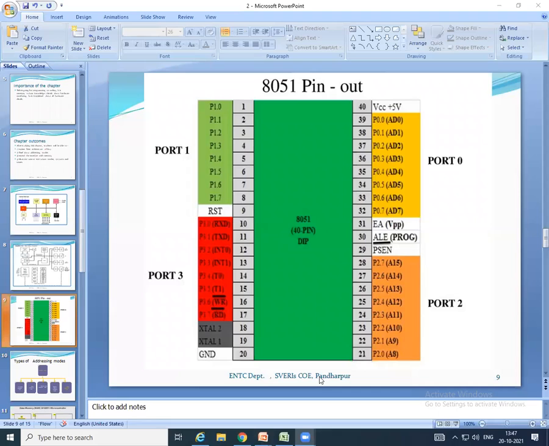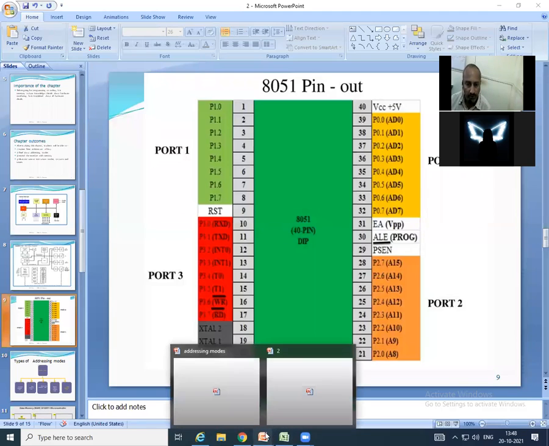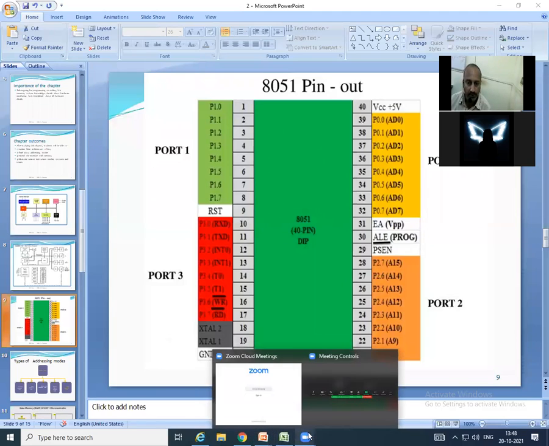How many have done this, I don't know, but it is expected from all of you that you go through it and draw it in your notebook. This is the 40 pin IC of the 8051 as a controller.